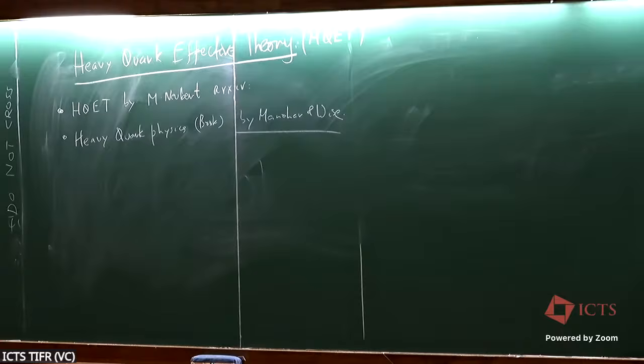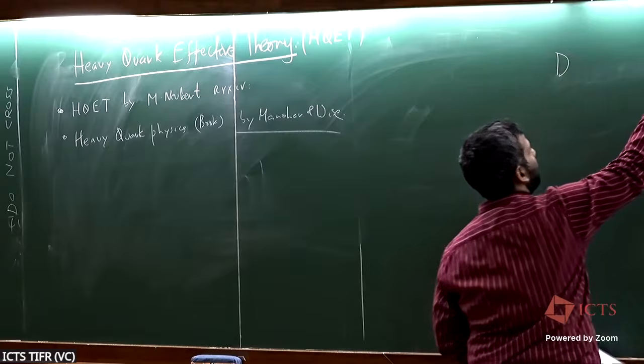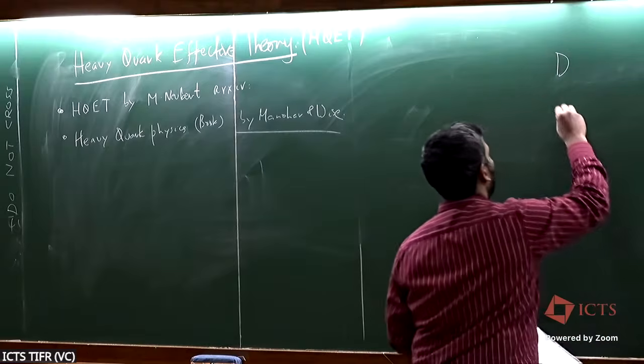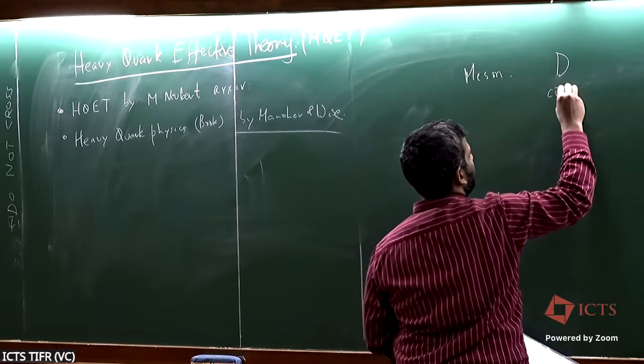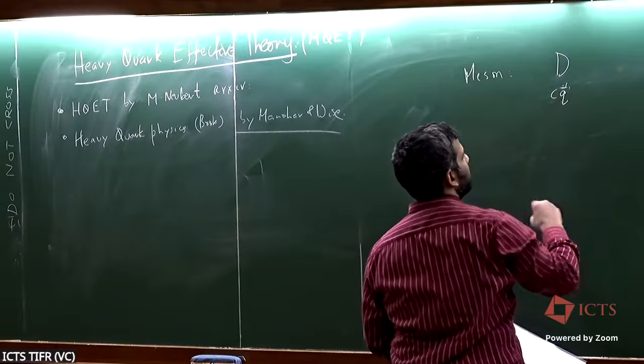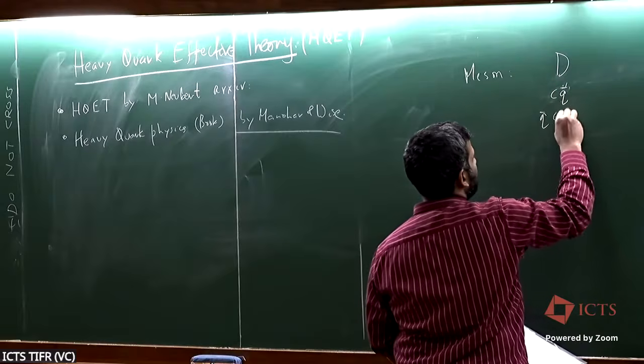Okay. So the goal in heavy quark EFT is to describe a bound state system of a heavy quark along with the simplest system containing a single light quark or two light quarks. So either a meson or a baryon. The meson or baryon I'm interested in is something like the D meson or the B meson, which is c Q bar, where Q bar is u or d.